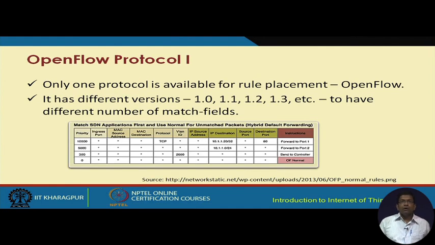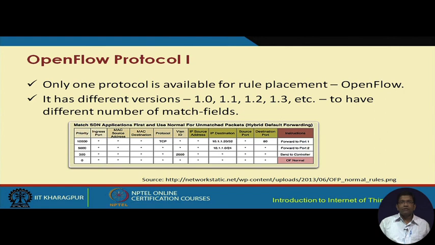So, in the OpenFlow protocol, rule placement is done, it is one of the vital things. Only one protocol is available for this rule placement, which is the OpenFlow protocol, and it has different versions: 1.0, 1.1, 1.2, 1.3.